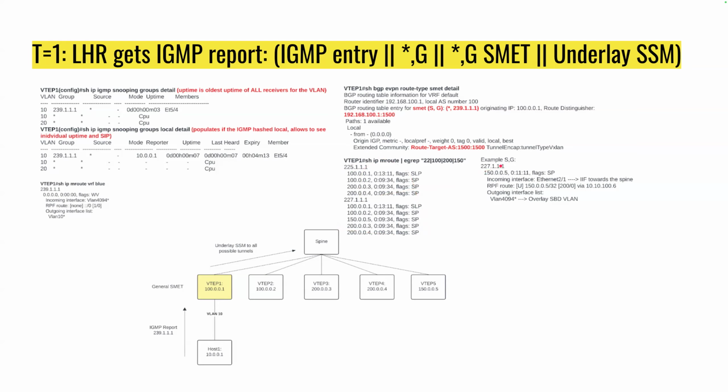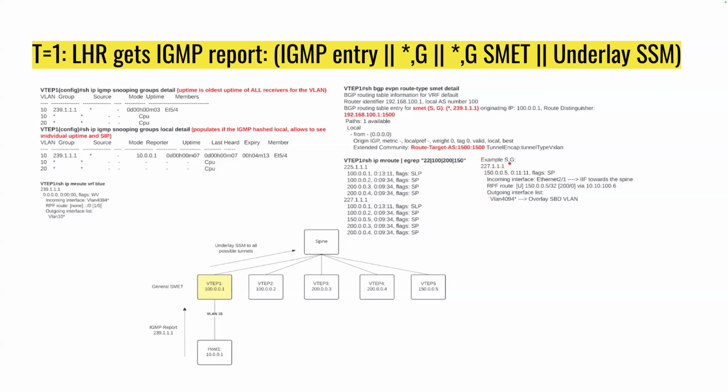If you look at one example (S,G), 227.111 for 150.0.0.5, here the incoming interface is Ethernet 2/1, which is the interface towards the spine. Is that clear, guys? The IIF is towards the spines here. And now if you see the OIL, this is the SBD VLAN that you see again here.